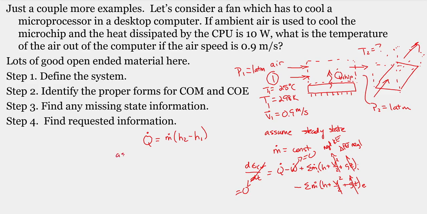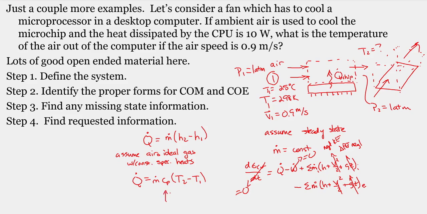So if we assume air is an ideal gas, well, then with constant specific heats, we know that this heat transfer can be described as simply the product of the specific heat, the constant pressure specific heat, times the difference in the two temperatures at the inlet and outlet.